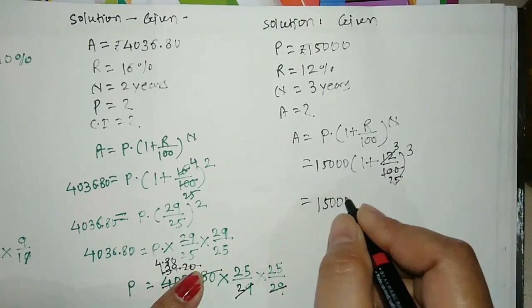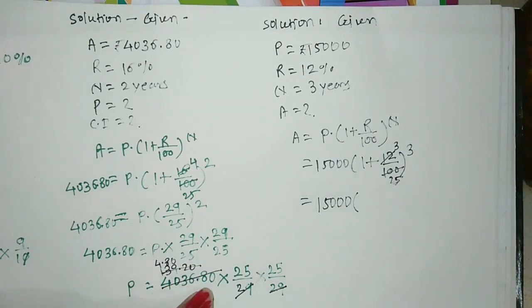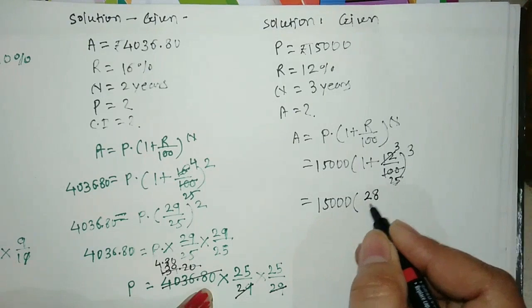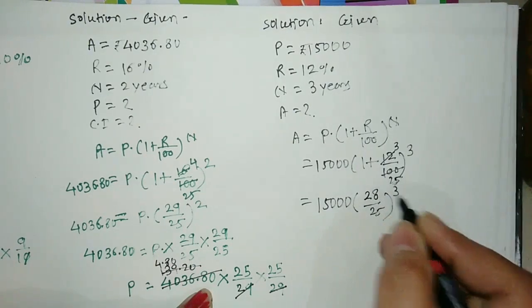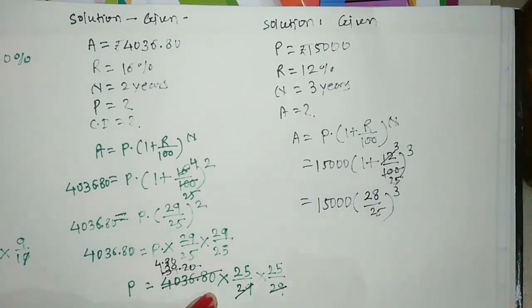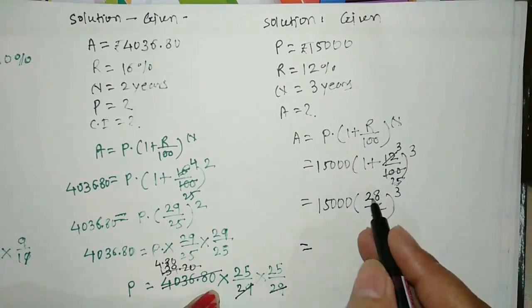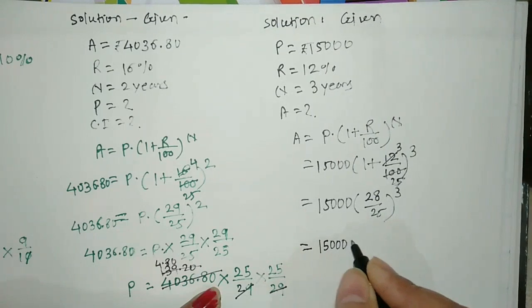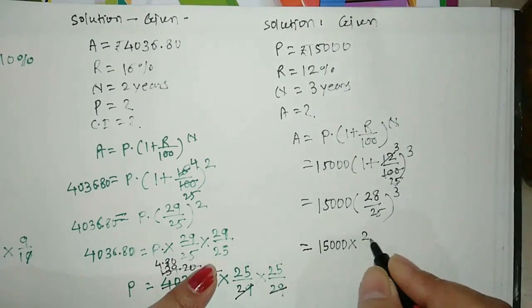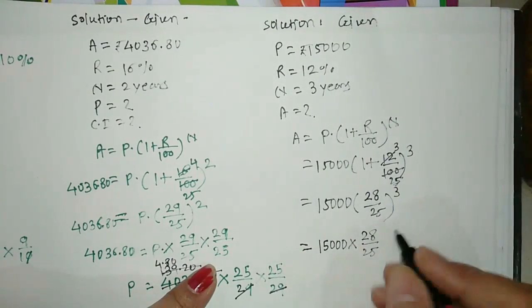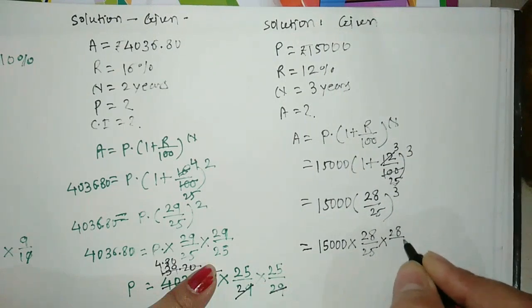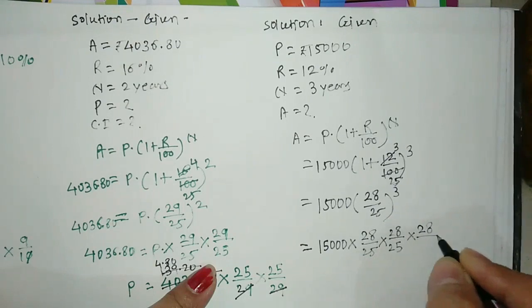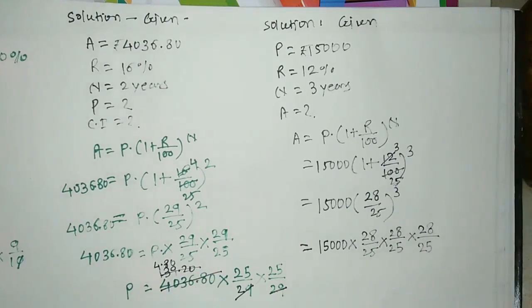So 15,000 into 25 ones are 25 plus 3, 28 upon 25 raised to 3. So take the 3 times multiplication of 28 upon 25. So 15,000 multiply by 28 upon 25 multiply by 28 upon 25 multiply by 28 upon 25.